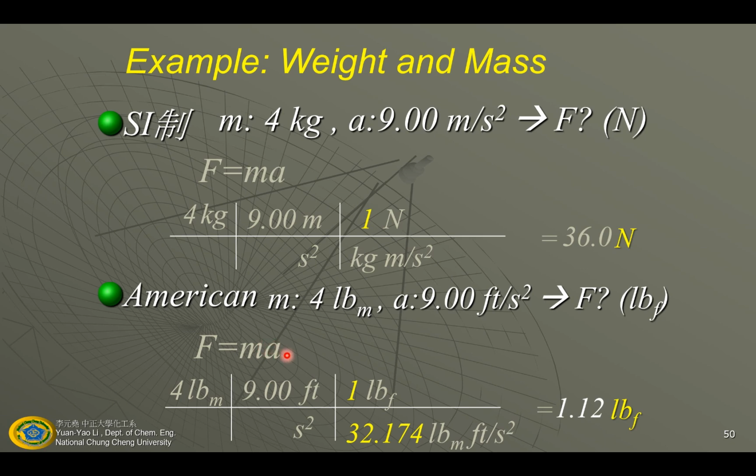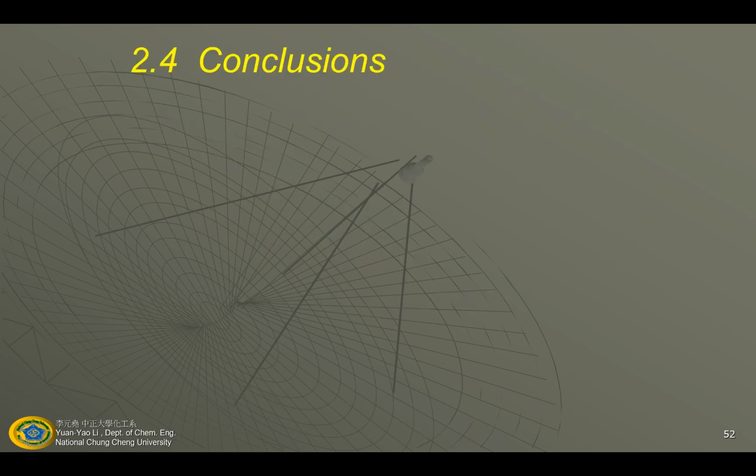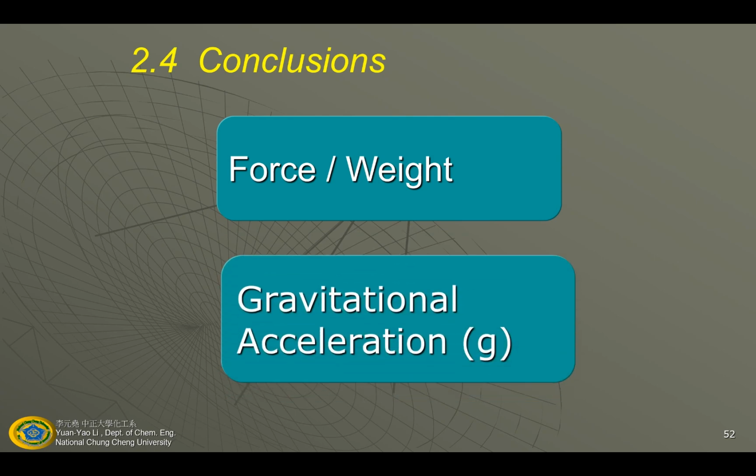So the important thing is that you need to know the American engineering system, and the differences between pound force and pound mass. Okay. So let me make a conclusion of this section 2.4, pound force and weight, and you need to know gravitational acceleration.